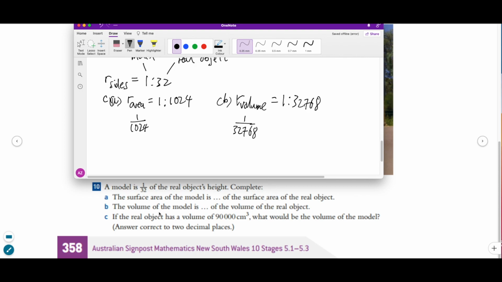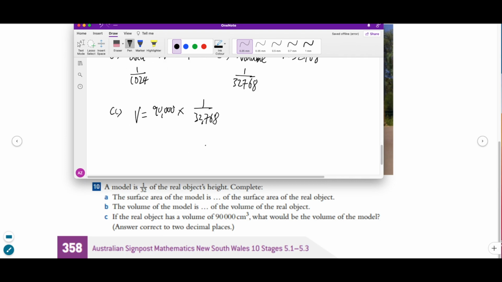Yeah. And the question in part C is, if the object has a volume of this, what would be the volume of the model? Okay, so that's pretty straightforward, because from part B it says the volume of the model is this number times the volume of the real object. So then when they give you the volume of the object, you just have to multiply by this number to get the volume of the model, right? So then the volume is equal to 90,000 times 1 on 32768.